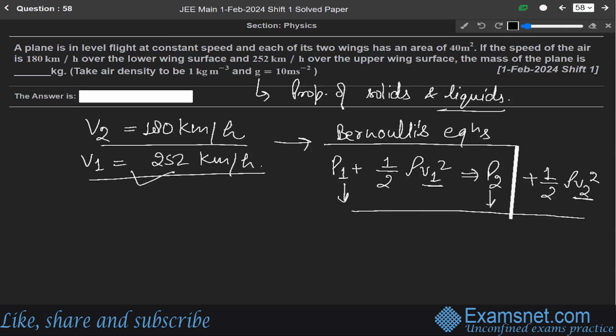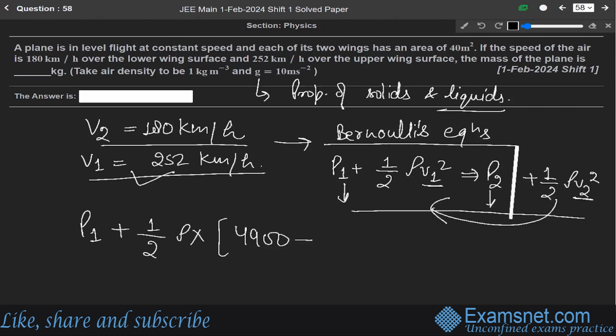Now, putting the values, P1 only equals to 1 by 2 rho into V1 square, V1 square means 4900, minus 2500 equals to P2.